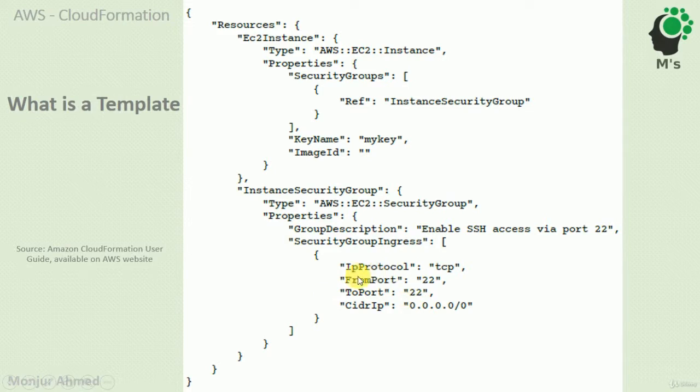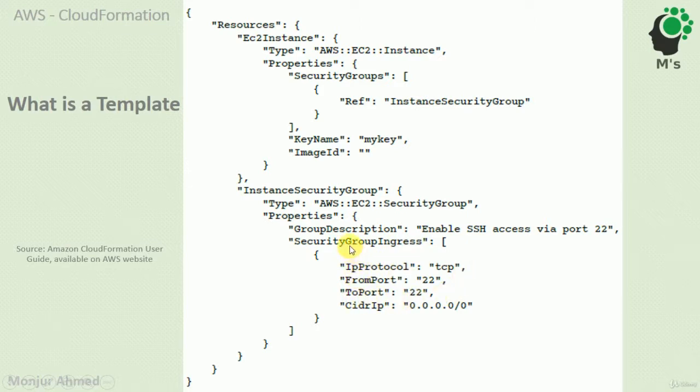And if you see, in the security group you have a description which describes what this is all about. It's enabling SSH port access via port 22, and what protocol is being used.